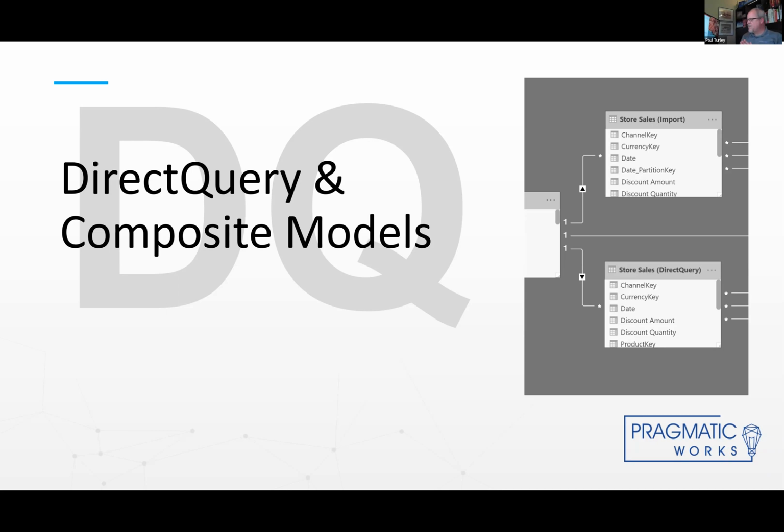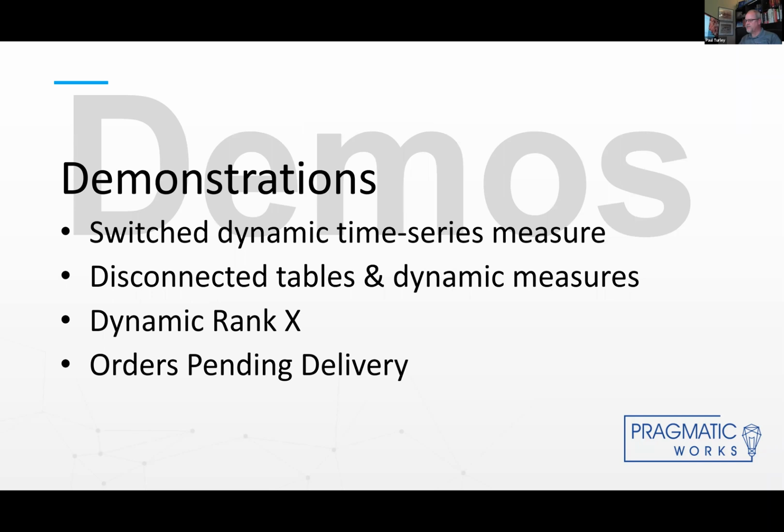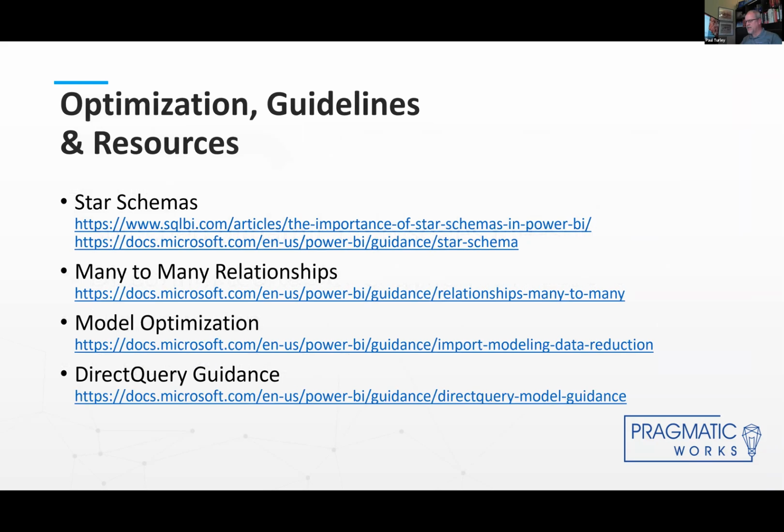So this is essentially what a composite or hybrid model is: the ability to combine tables in different modes. We're not going to get into that in this demonstration. If you have specific questions, I'm happy to answer them. But we're going to get into some deeper modeling exercises now.